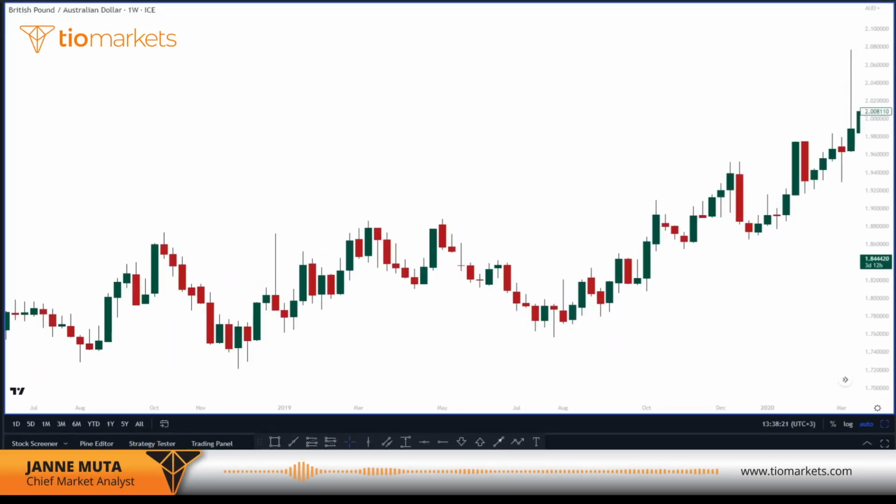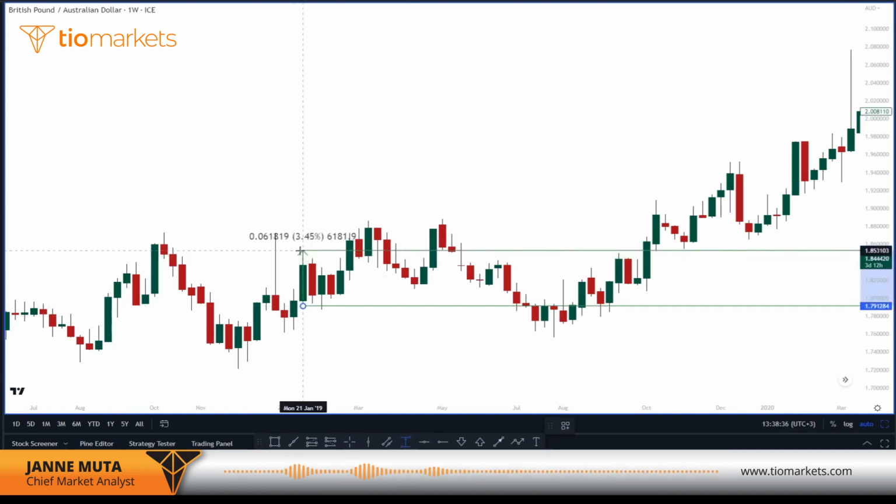Okay, let's take a look at how you can find ways to catch these big weekly moves in pound Aussie. So first of all, let me illustrate the strength of this market once more. I'm picking up some of these weekly ranges here, and we can see this was almost 620 pips.